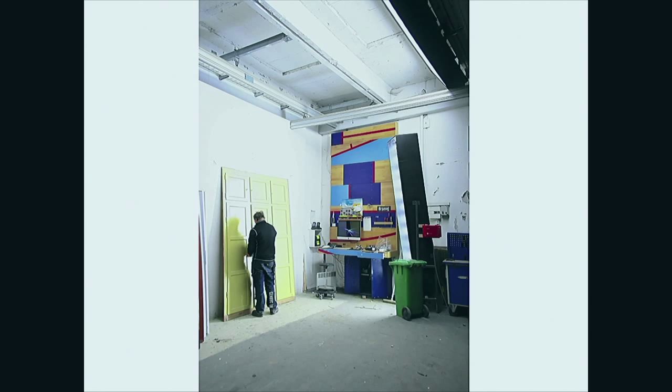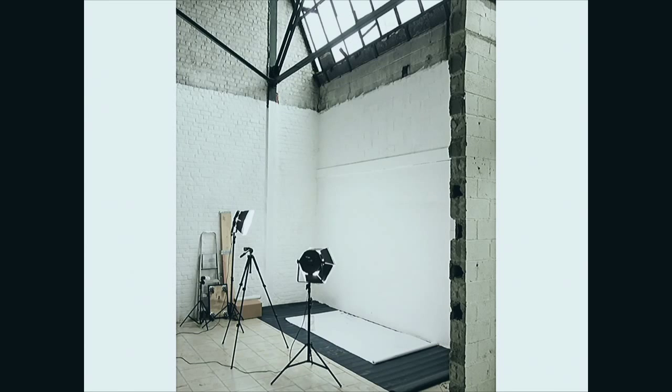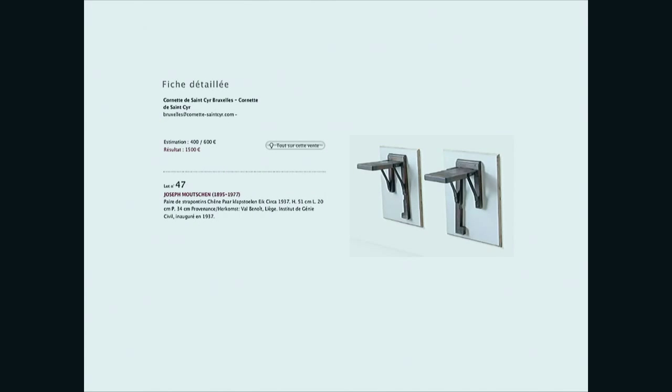They have a huge photo studio, and this is their website. This is our photo studio in our warehouse, and this is our website, Rotor Deconstruction, with the kind of stuff we sell. Just some little details that you have to keep in mind when you sell stuff.